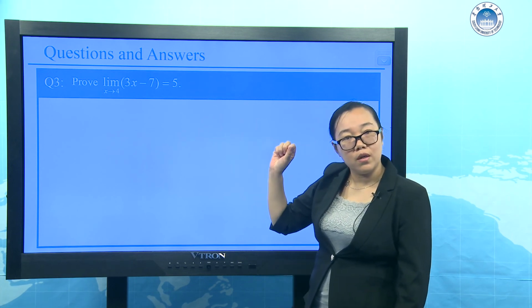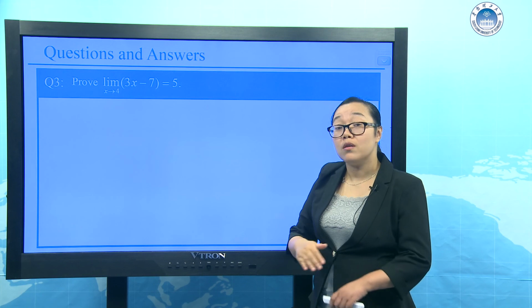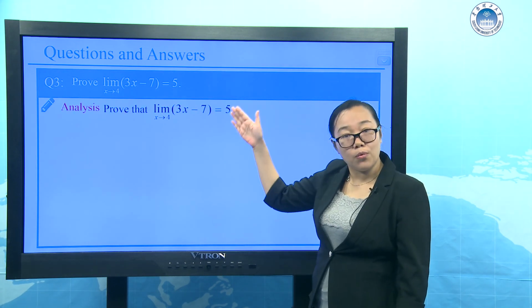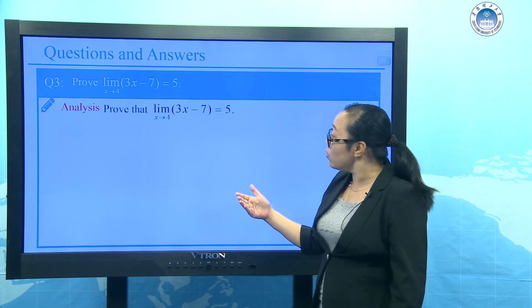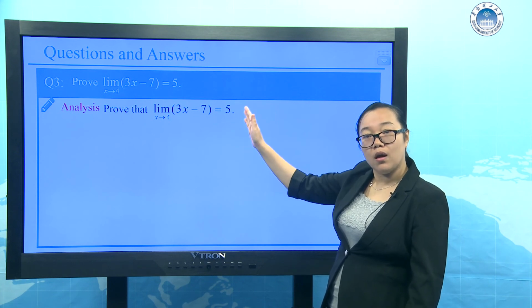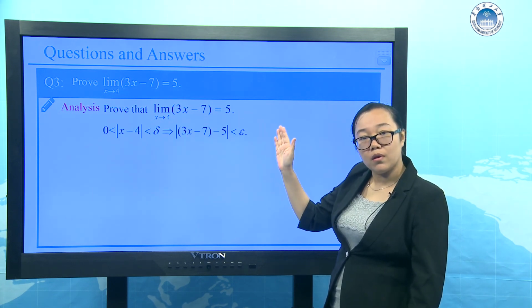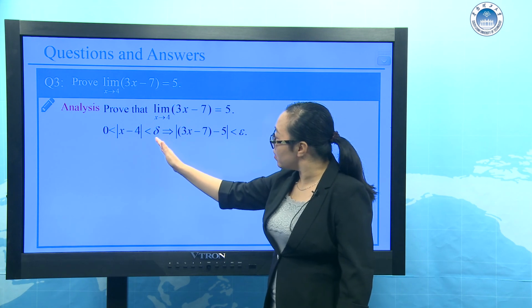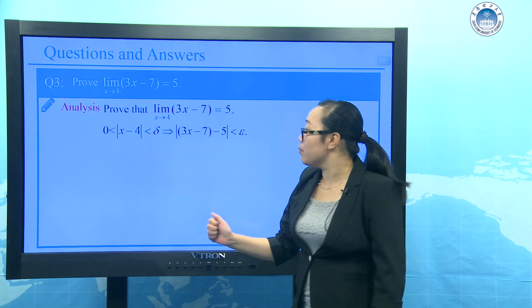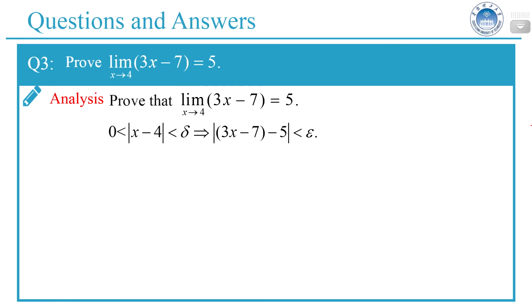How to prove? In this question, we will give you the analysis process. If you want to prove that the limit of 3x minus 7 equals 5, we need to find |x minus x0|. In this question, x0 equals 4. This means 0 less than |x minus 4| less than delta. We want |3x minus 7 minus 5|, which is |f(x) minus 5|, less than epsilon.